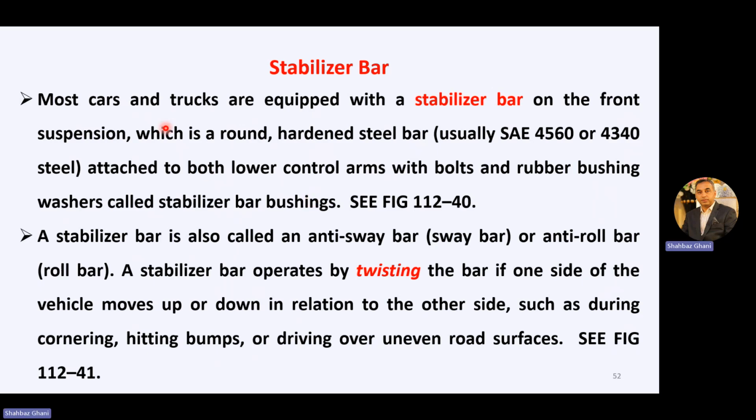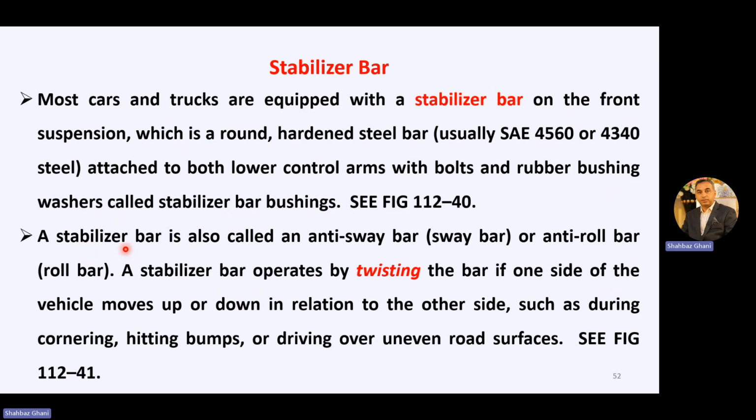So most cars and trucks are equipped with this stabilization bar on the front suspension, which is a round hardened steel bar, usually Society of Automotive Engineers number 4560 or 4340 steel, attached to both lower control arms with bolts and rubber bushing washers called stabilizer bar bushings.